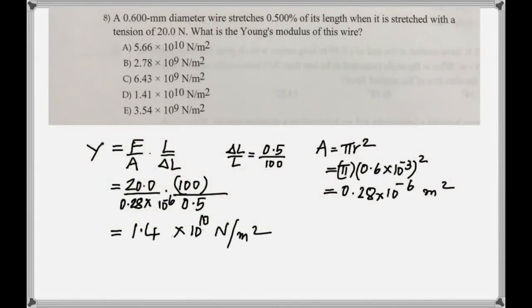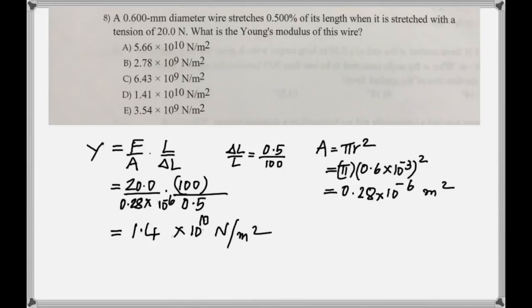Now in this question, the diameter of the wire is given and how much it stretches is given. 0.5% means the change in length divided by the original length is 0.5 by 100. So that's clear there. So it's a straightforward question.